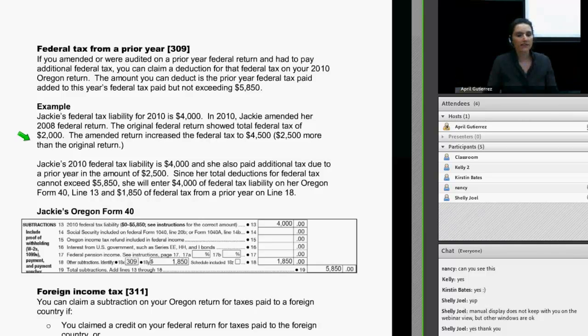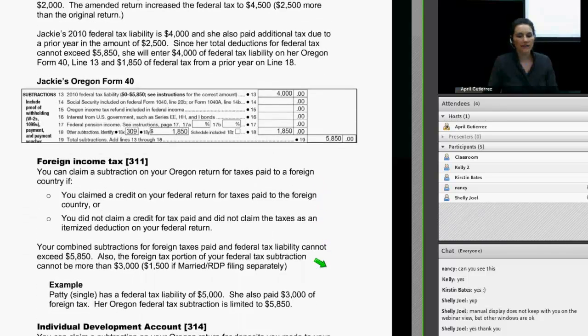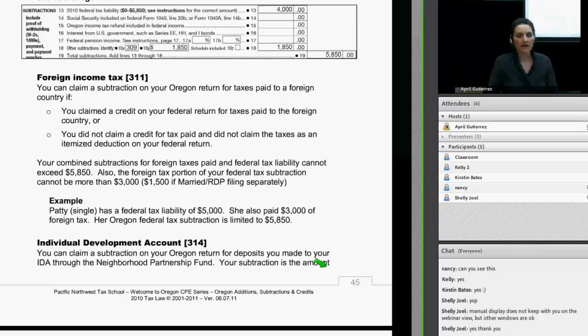Jackie's 2010 federal tax liability is $4,000, and she also paid additional tax due to a prior year in the amount of $2,500. Since her total deductions for federal tax cannot exceed $58.50, she will enter $4,000 of federal tax liability on her Oregon Form 40, line 13. And then she will enter the difference between that number and the maximum of $58.50 on line 18. So when you take those two numbers, you get to that maximum, and you can't be higher.